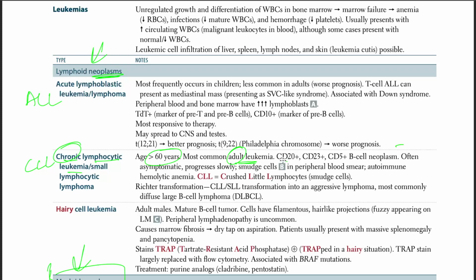Now, CD20 positive, CD23 positive, CD5 positive B cell neoplasm. Okay, so what is the CD5? CD5 means naive cells, naive lymphocytes.